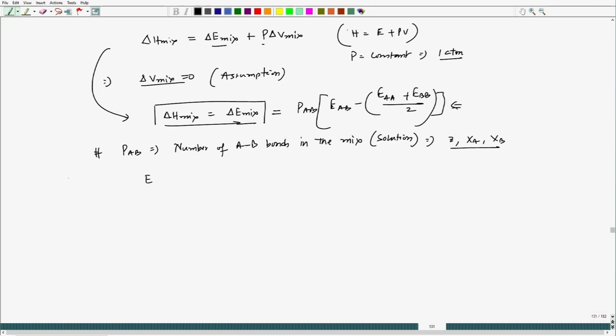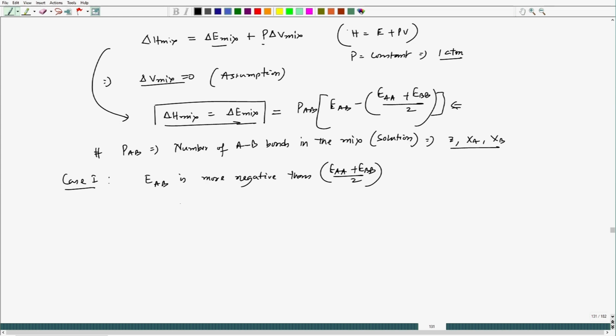Now, case 1, let us say EAB is more negative than EAA plus EBB by 2.